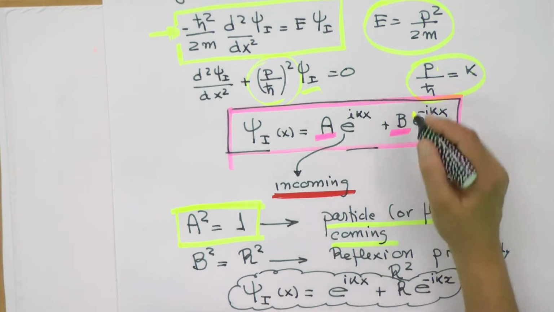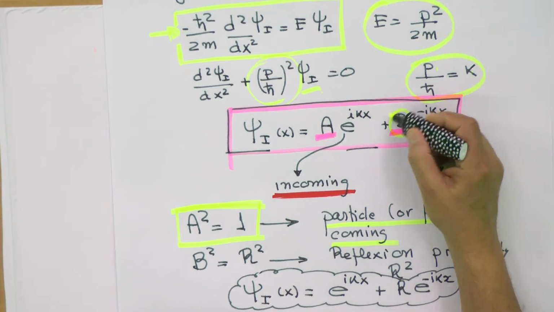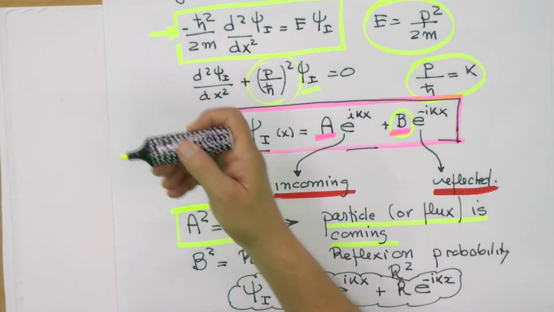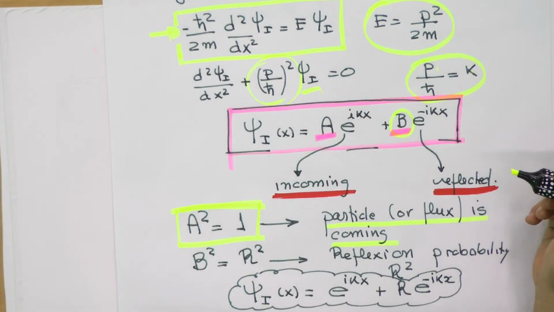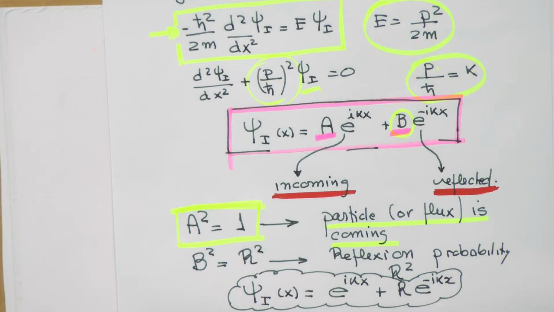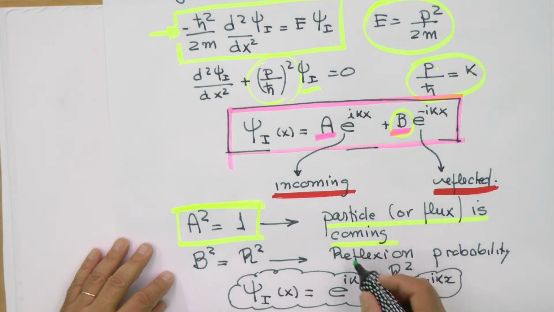Now, B must be particles with the momentum opposite, as I just explained to you. And those are particles reflected from the barrier, that's the reflection probability.